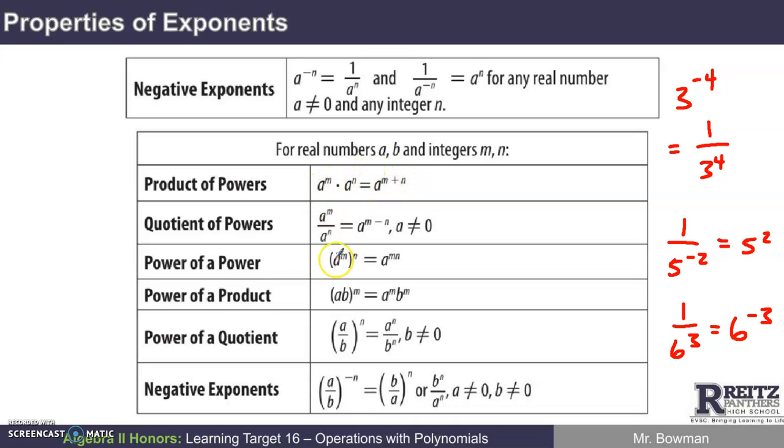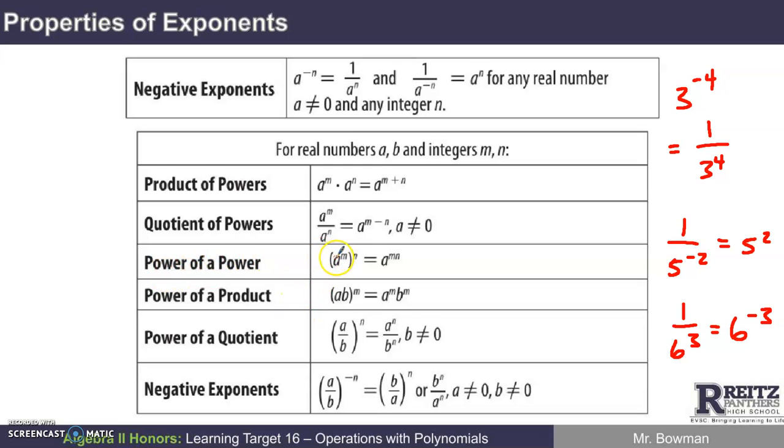If you're dividing, if you have a quotient of two powers with the same base, a to the mth power divided by a to the nth is simply a to the m minus n power. And of course, that doesn't work unless a is not 0. If a is 0, you've got 0 to any integer power, which is 0, and you're dividing by 0.